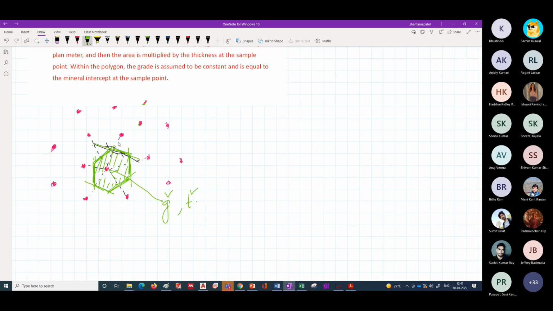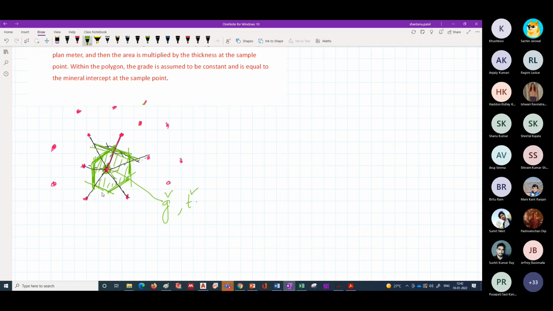Let's say this is the borehole we are looking at. What you are going to do is join the lines between the two nearest boreholes. Join this line, this line, this line, similarly like this. Then you get the perpendicular bisector of these lines. The perpendicular bisectors are these, the green ones.